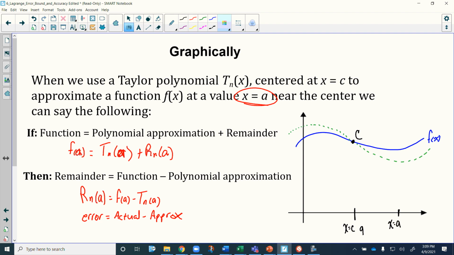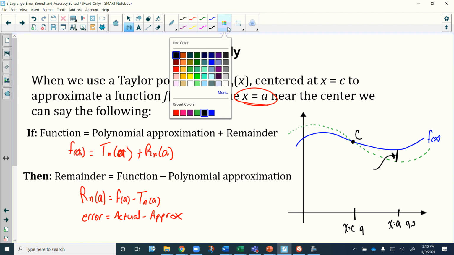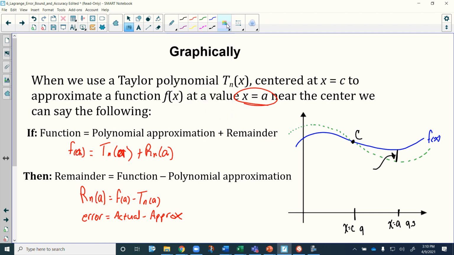Maybe at this point that's 9.3. Okay, we're using that to determine between, and let me do my green here, this would be the Taylor polynomial centered at c, whatever c is, 9 in this case.